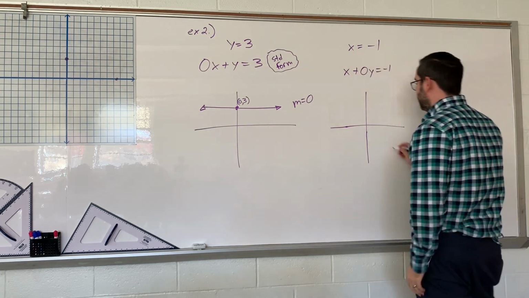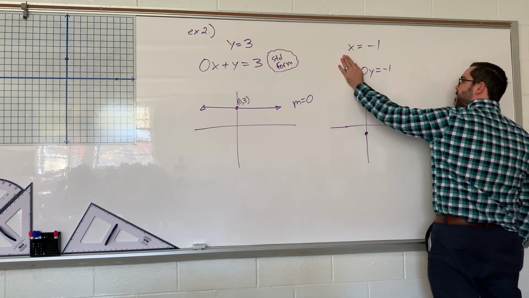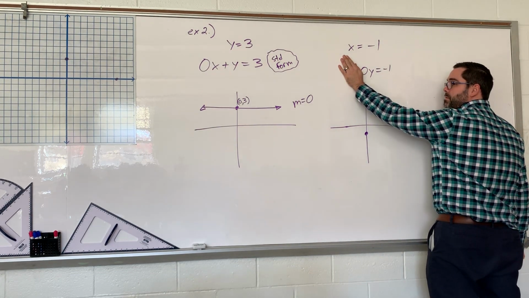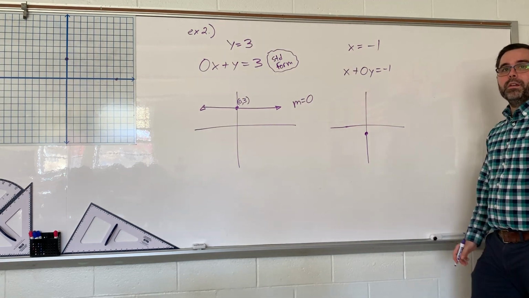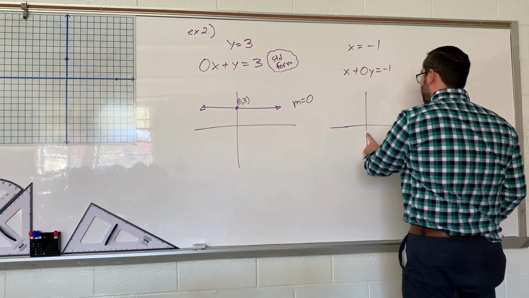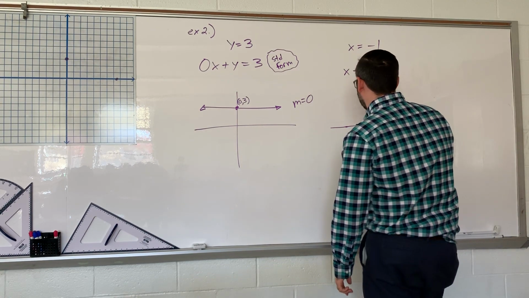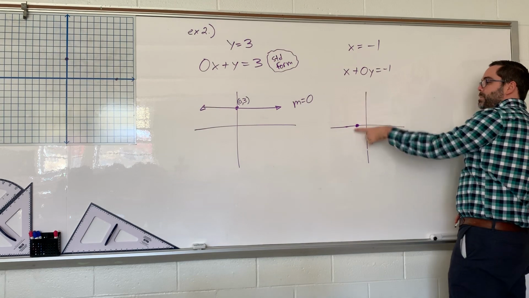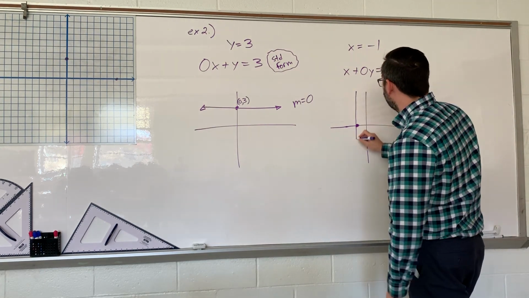What's my y-intercept? Undefined, which means it doesn't exist. I'm sorry, my x-intercept should be on the x-axis, not the y-axis. My x-intercept is -1. My y-intercept doesn't exist, so it's a line parallel to the y-axis.